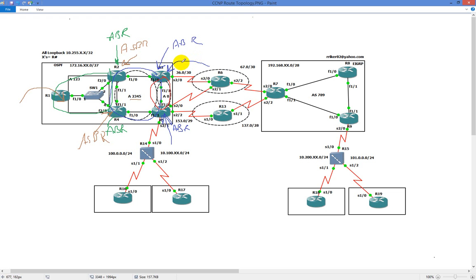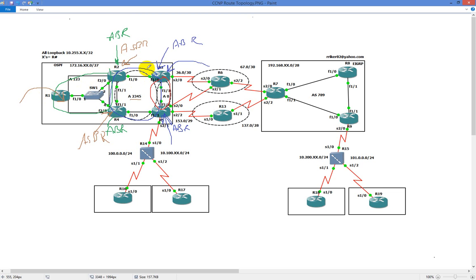Now the part that becomes complicated is when you're dealing with ASBRs. Now this guy is also an ASBR. The inter-area external is going to be any route that you're trying to get to that's outside of the domain. So what ends up happening now is router 1 would recurse to router 2 because it's an ABR.